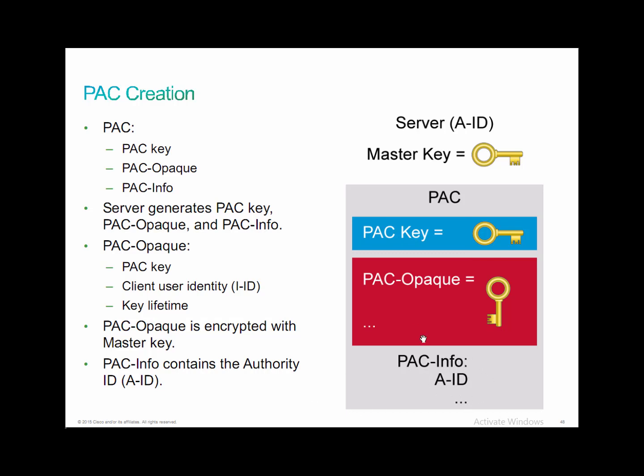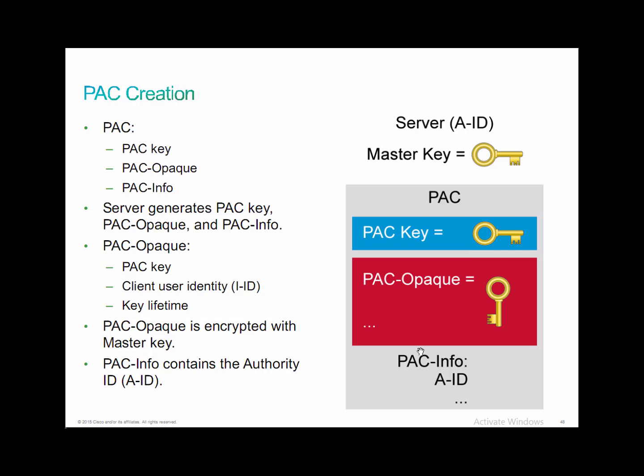This is also a variable length field. You see these dots here, that indicates that these are variable length fields. That's used to provide, at a minimum, the authority identity, which is the server's identity, or the PAC issuer. There's some other information that can be contained here, like the lifetime can be conveyed by the AAA server to the client during the PAC provisioning process, and so on.